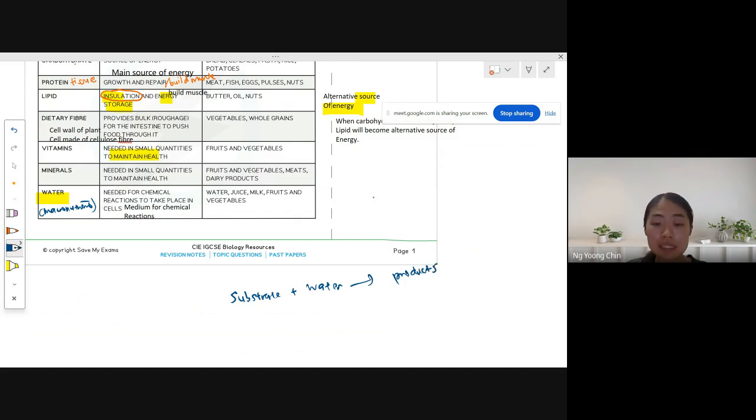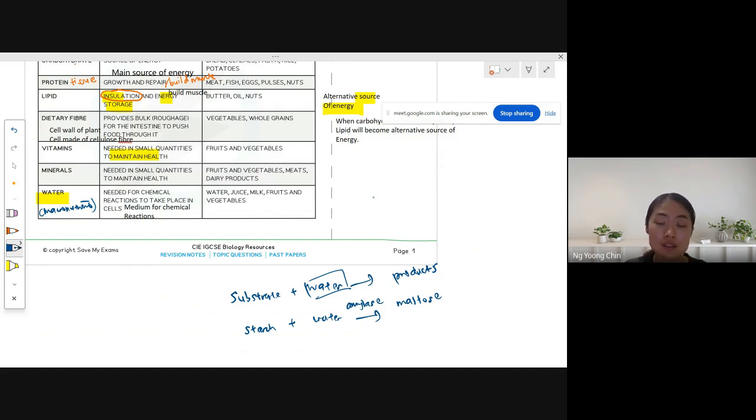For example, starch plus water, converted by the salivary amylase, becomes maltose. So you can see water means that the chemical reaction requires water to happen.